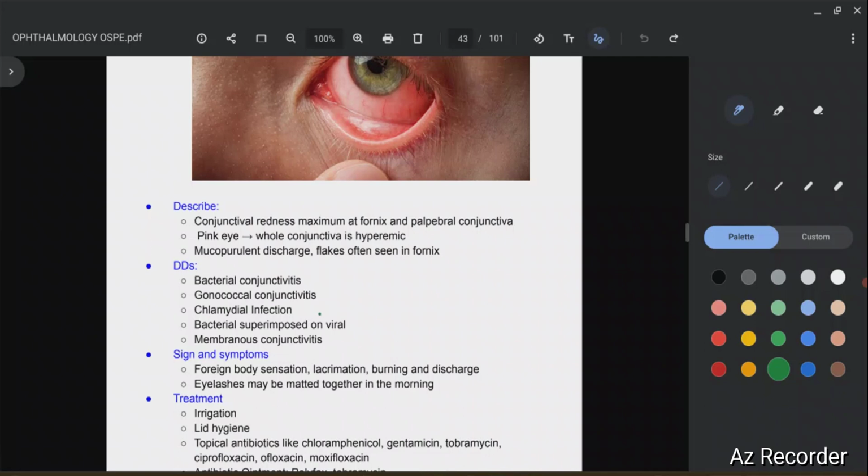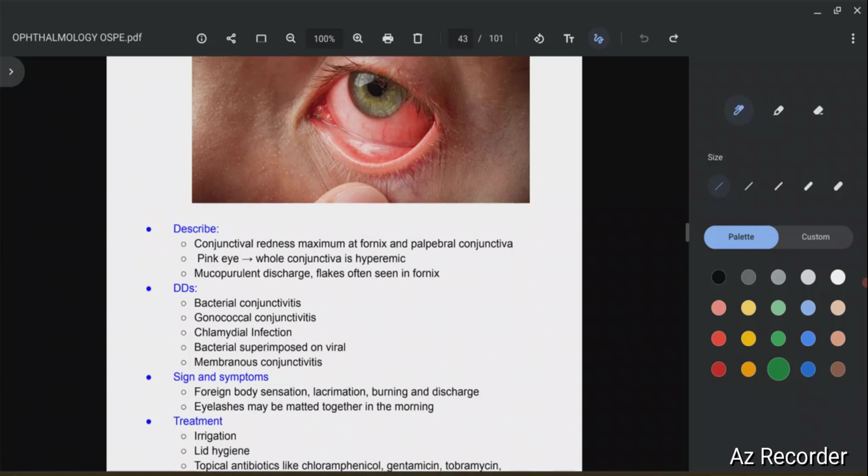Then this can be chlamydial infection, which causes profuse thick discharge. Then you can mention membranous conjunctivitis, but this is not membranous conjunctivitis, because in membranous conjunctivitis you have pseudomembrane formation over here.